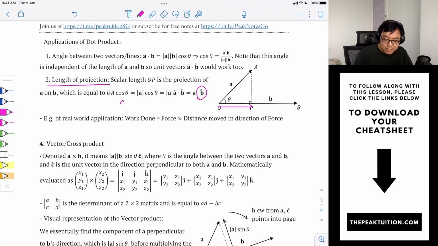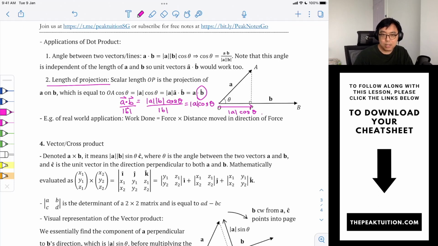So we know that A dot B is equal to AB cosine theta. We want to know what is A cosine theta. So we just divide A dot B by the magnitude of B and we get A cosine theta, right? So dot product is important to find length of projection.